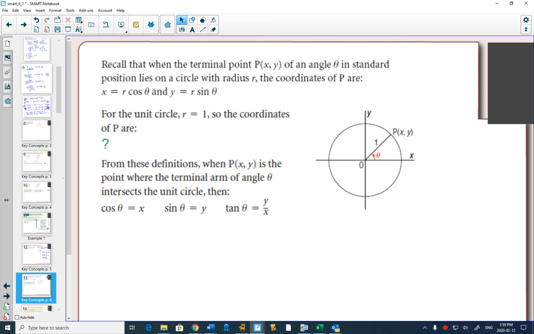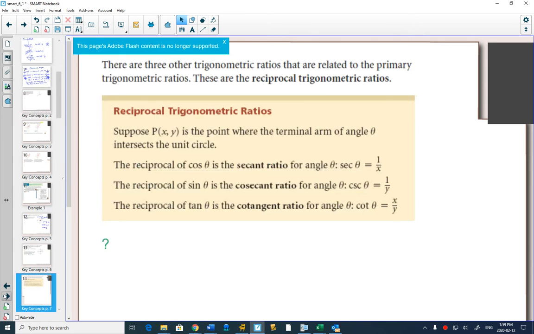Okay. Some more definitions that they're going to introduce you to underneath are new trig functions. You've learned about sine, cos, and tan, and now you're going to get introduced to secant, cosecant, and cotangent. Now, all cosecant is 1 over sine, and all secant is 1 over cos.